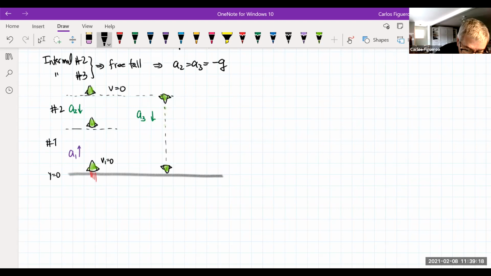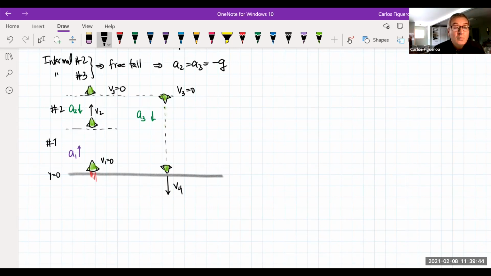And when I get to this point here, I'm going to call that V2. And then when I get all the way up to the top, I'm going to call that V3. So I know that this is V3 right here. And then when it's coming down here, this is going to be some V4.